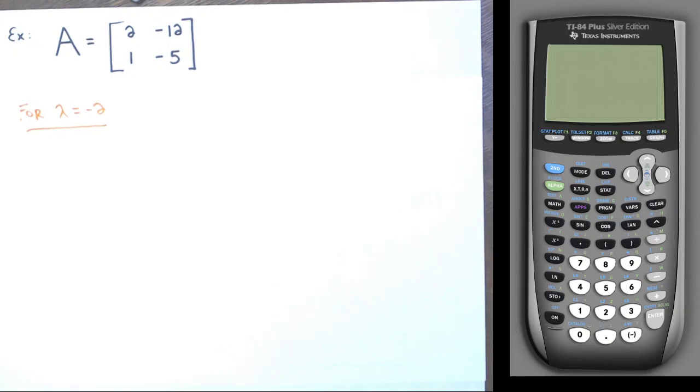Now I'm going to find the eigenspace of A corresponding to -2. Then we'll state an eigenbasis. And once we know an eigenbasis, we'll know the dimension of the eigenspace and therefore the geometric multiplicity.